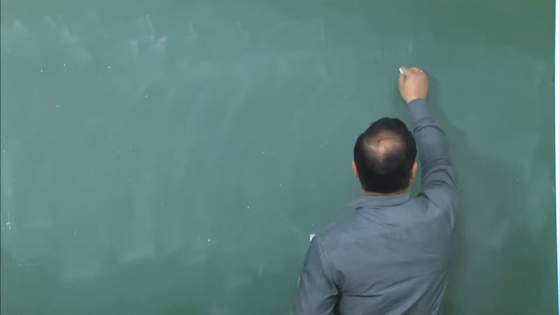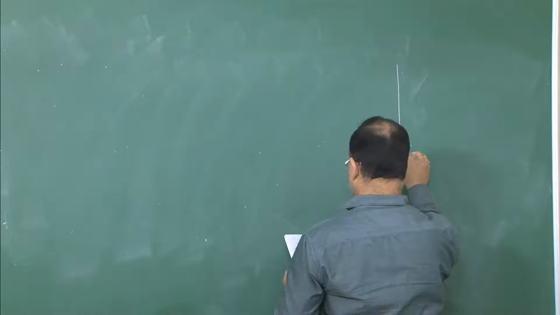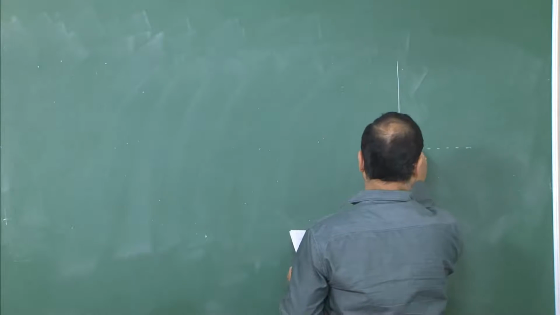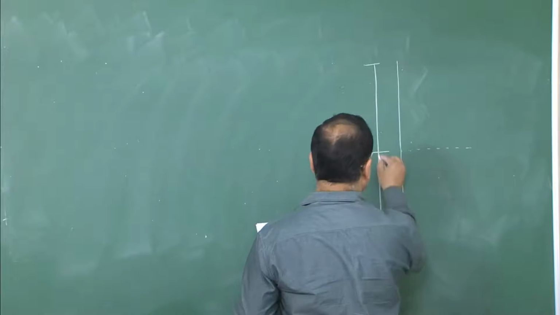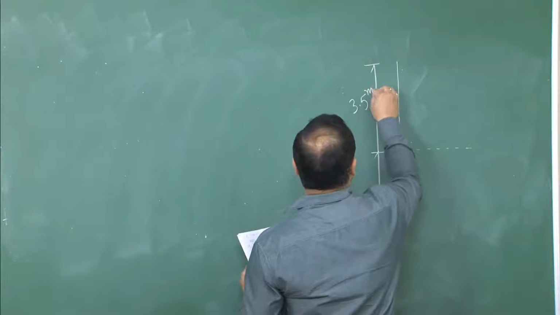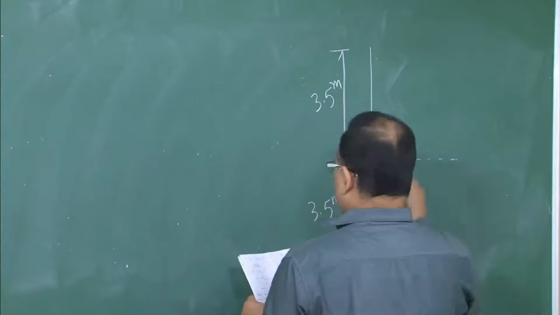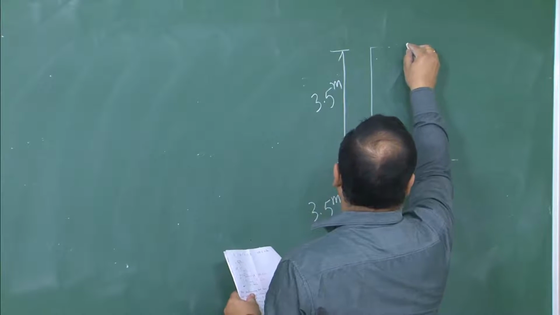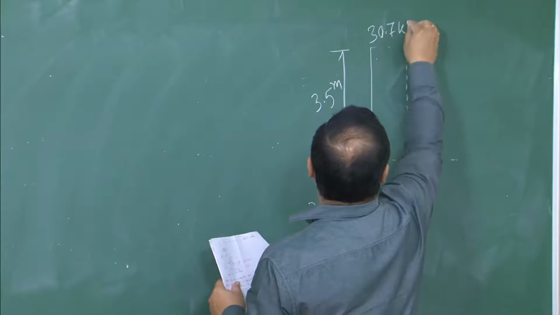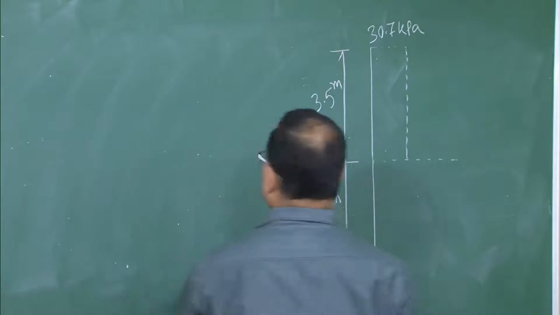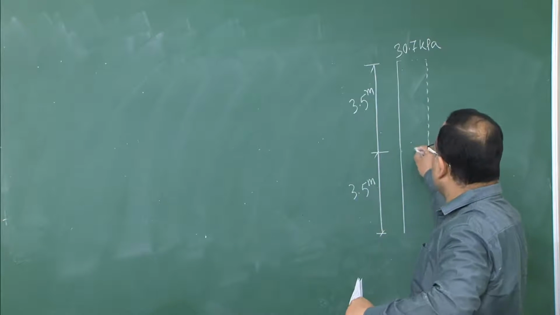So, basically say 3.5 meter. Okay. So, this is your 30.7 kPa, okay, and you have got P2 equal to 48.4 kPa, where it is acting just at the top of the interface.